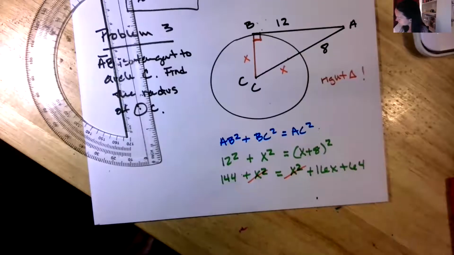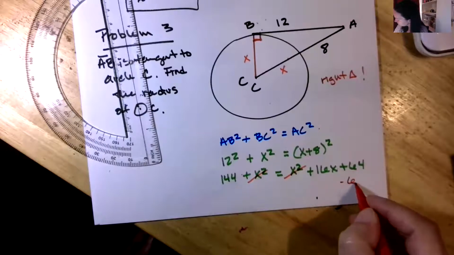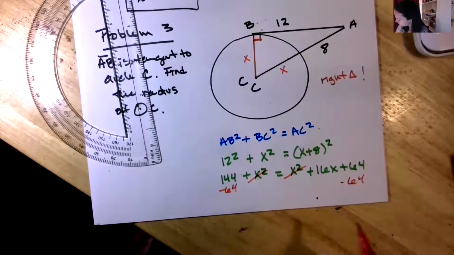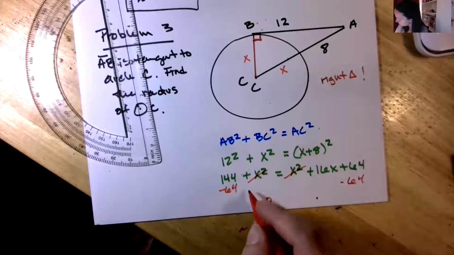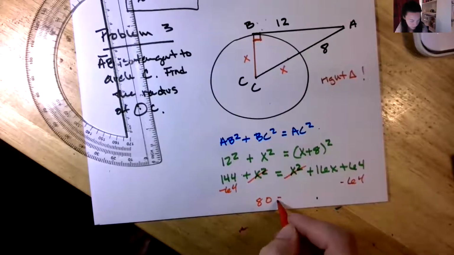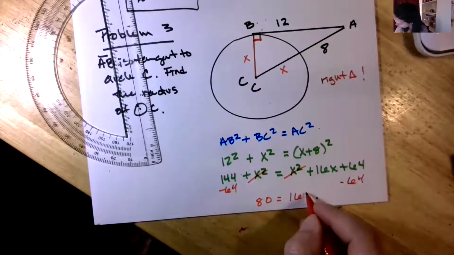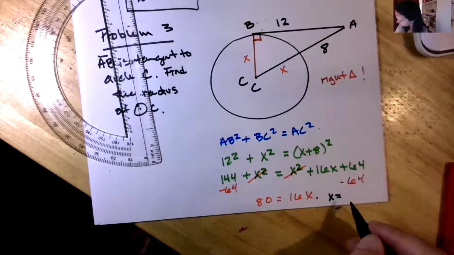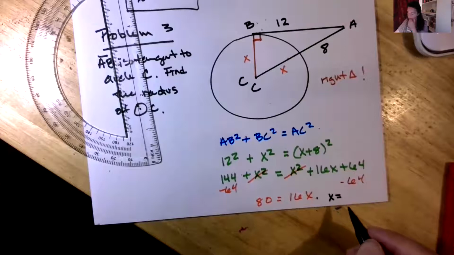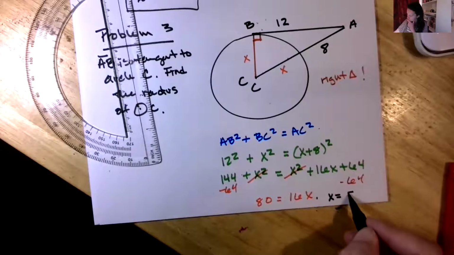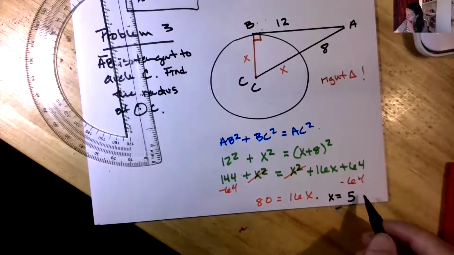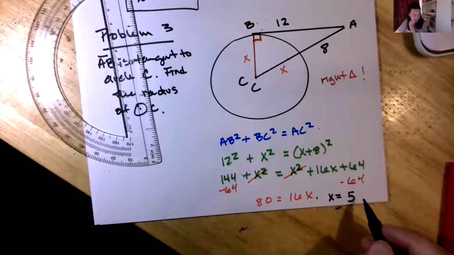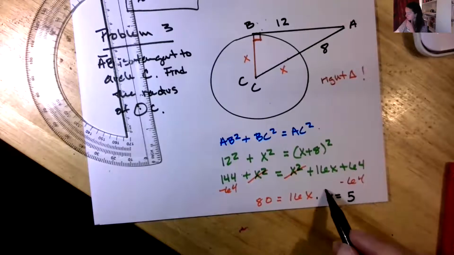And we subtract 64, and we end up with 80 equals 16x. And so x is going to be equal to 80 divided by 16, which is 5. So our radius is 5. We weren't given any units for this, so that's our answer.